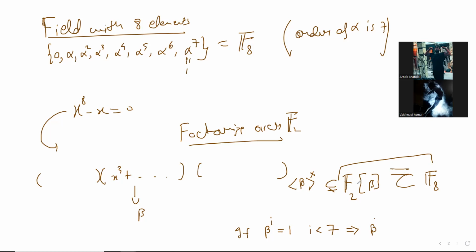Because we are saying that beta cross is equal to F8 cross. That's what we are saying. So any other beta will not work. And then you know that there is a beta which works, right? And so it has to be beta of this only.